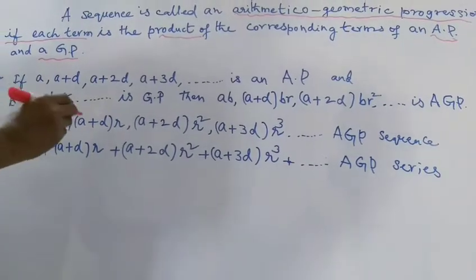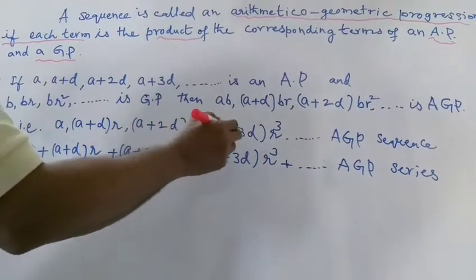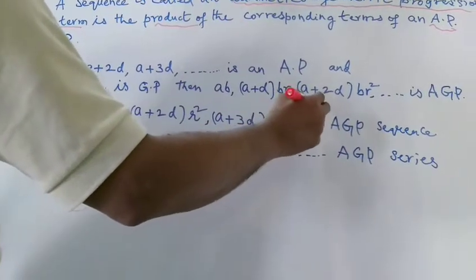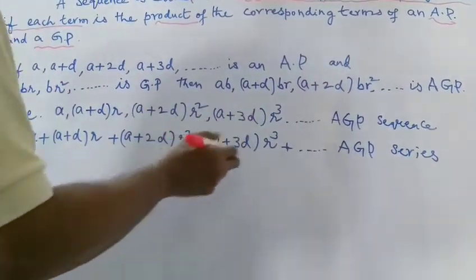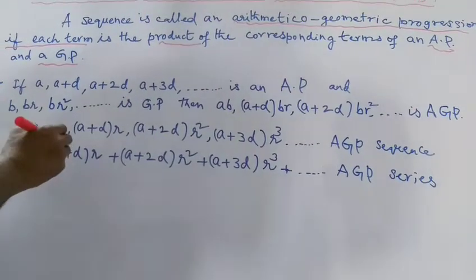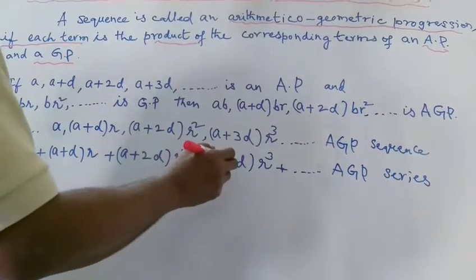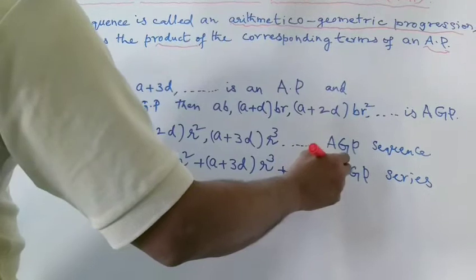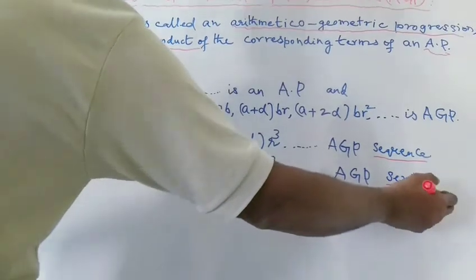Here a, (a plus d) into r, (a plus 2d) into r square, (a plus 3d) into r cube, and so on terms are the AGP sequence, and the sum of all these terms is called the arithmetico-geometric progression series. This is the sequence, this is the series.